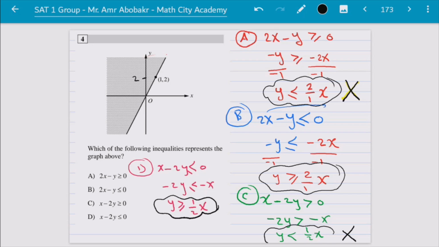He went up 2 steps and 1 step to the right, so 2 over 1. So according to the slope, choice B will be correct. Up 2 steps, rise, and run one step. So B is the correct answer.